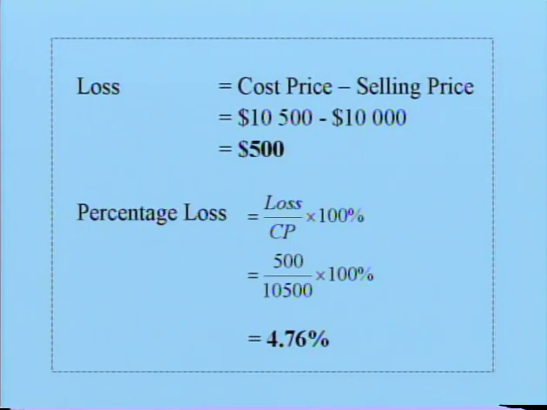In this case, it is equal to 10,500 minus 10,000, which will give us 500. So loss percent is equal to loss divided by cost price times 100, which is equal to 500 divided by 10,500 times 100, which will give us a loss percent of 4.76.